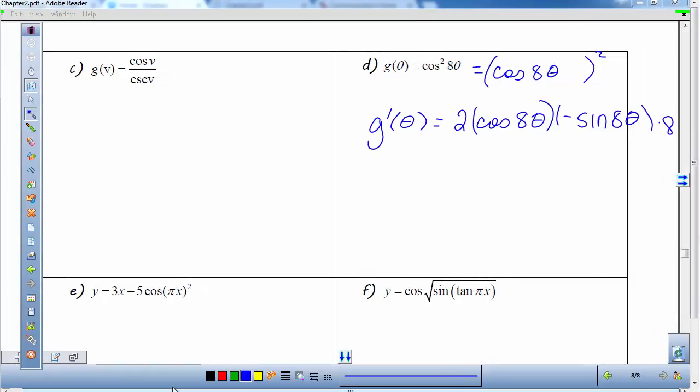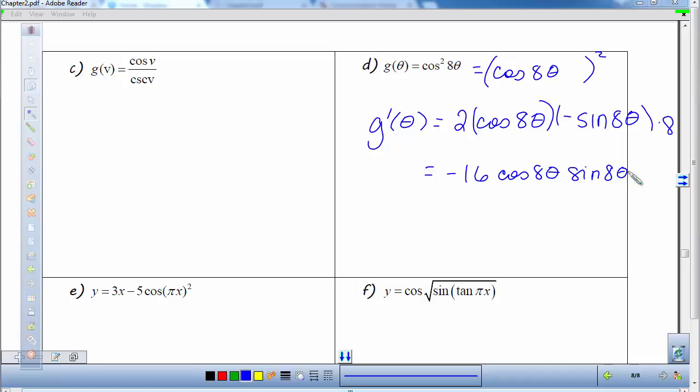Okay. If I'm going to simplify, I would get negative 16 cosine 8 theta sine 8 theta. And using some of our trig functions, we might even see a different simplification of that.